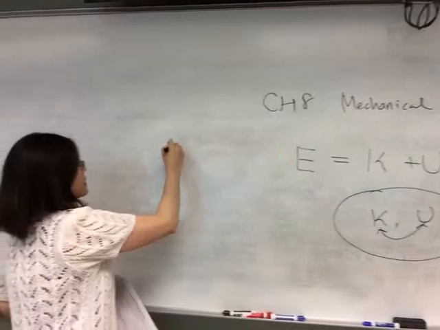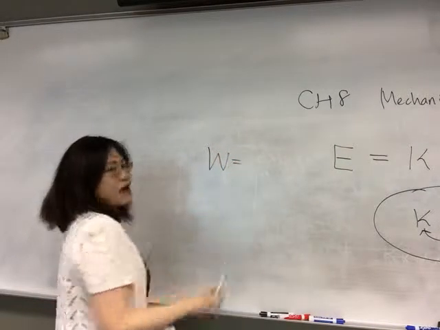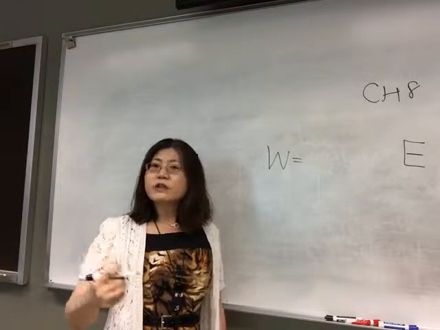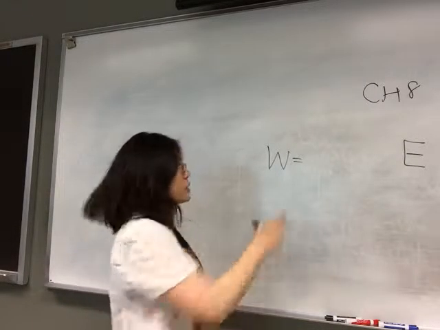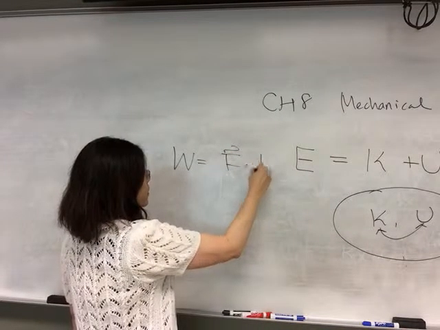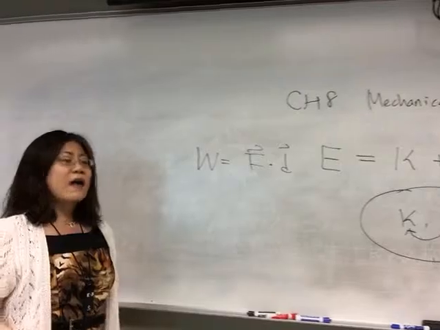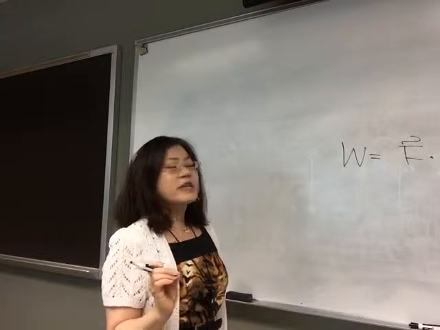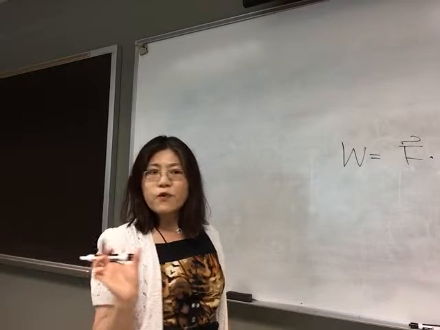We know that work and force relate to each other because you have to apply a force in order to do work. So work is basically equal to, if you remember, F dot d. Now let's say we have an infinitesimal amount of work, a small differential work.